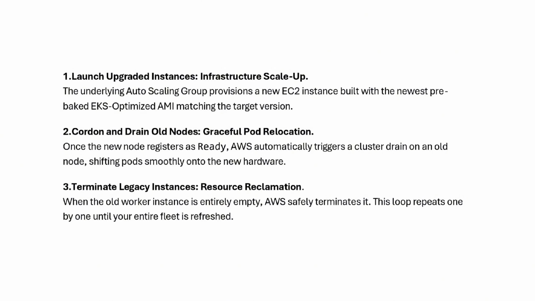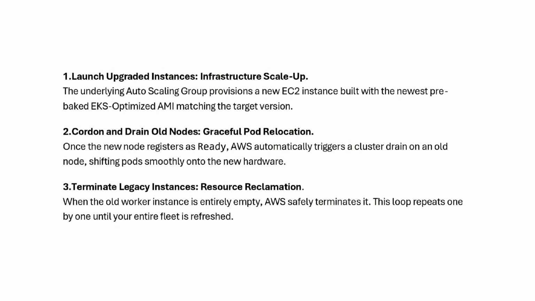Then for the second thing, cordon and drain old nodes, which is graceful pod relocation. Once the new nodes are registered as ready, AWS will automatically trigger the cluster drain on the old node, shifting pods smoothly onto the new hardware.